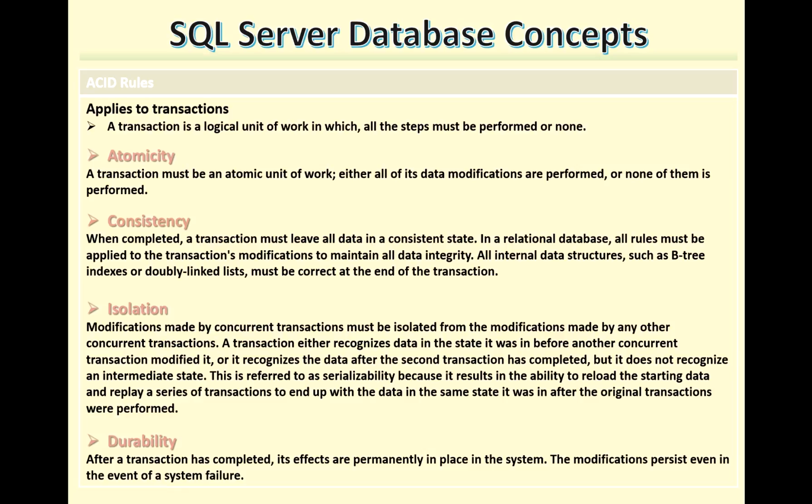Isolation is that modifications made by concurrent transactions must be isolated from the modifications made by any other concurrent transaction. That means, let's say there are two transactions happening on the same record. An order may not be a good example here because only one person updates an order, but let's say there is a case where two systems are updating that same record. When two systems are updating the same record, they should be applied as two isolated transactions.